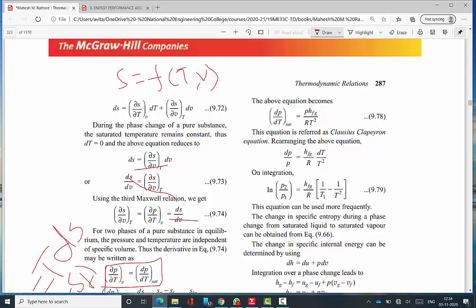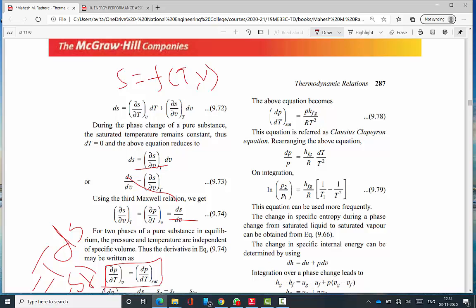I substitute Vg instead of Vfg, where Vg equal to RT by P.